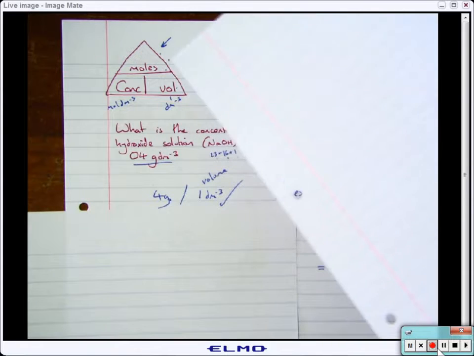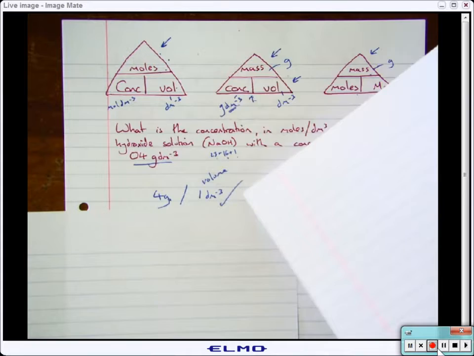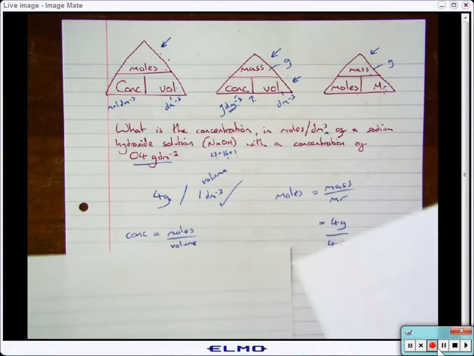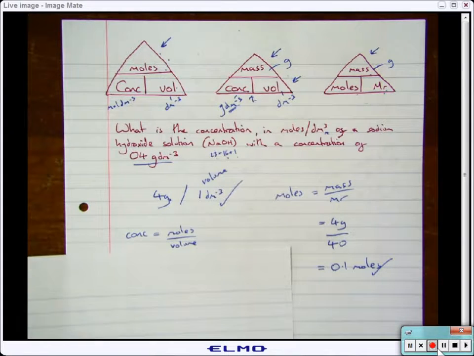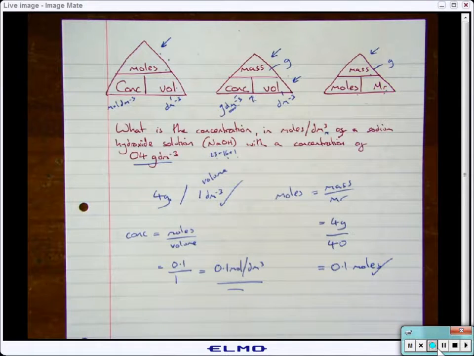I've now got moles, I've got volume, which is 1 decimeter cubed there, so the concentration is moles divided by volume, and moles divided by volume is 0.1 divided by 1, which gives me a concentration of 0.1 moles per decimeter cubed.